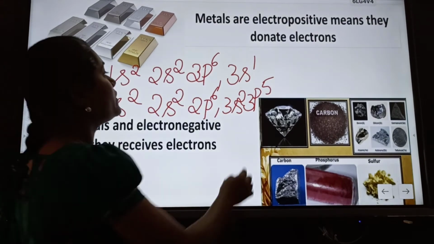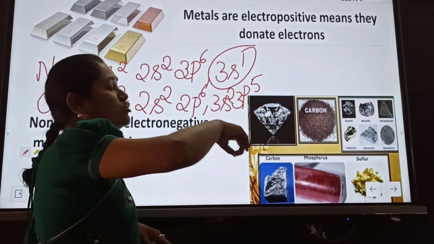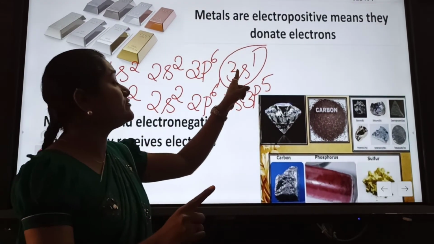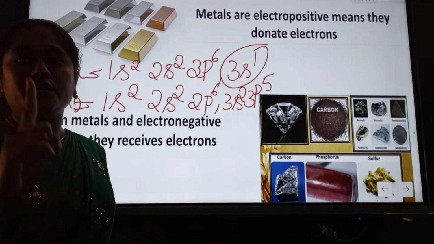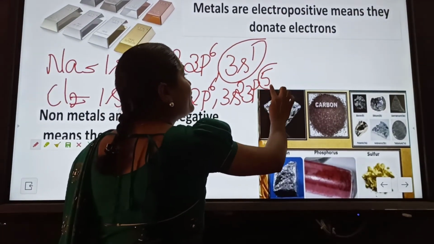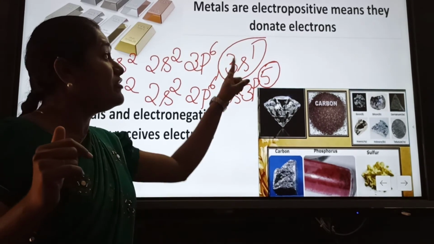For sodium, to complete its electronic configuration in its outermost shell, how many electrons does it still require? One more electron. Similarly, chlorine has how many electrons in its outermost shell? 5 electrons.